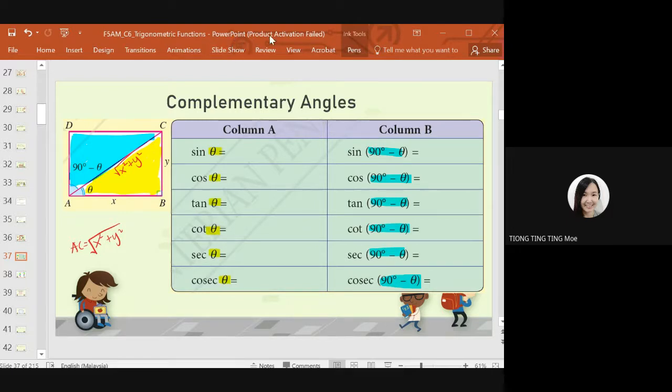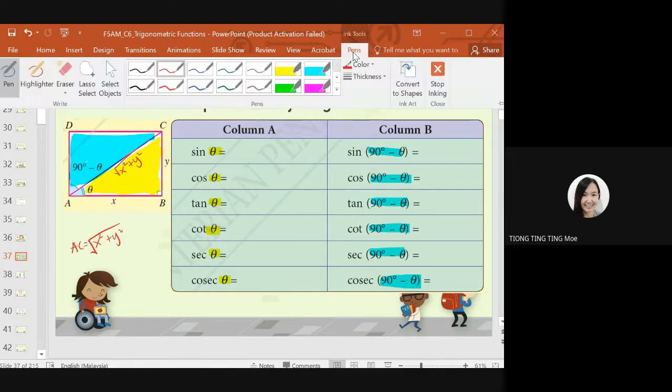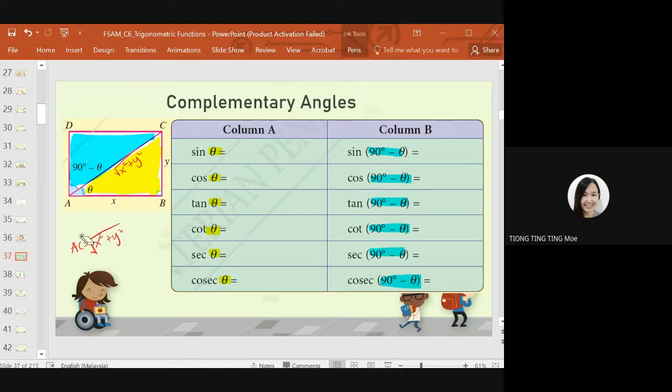Understand? So look at the yellow color first. Then remember SOH CAH TOA, we have to use it here. Sin for SOH, cos for CAH, tangent for TOA.